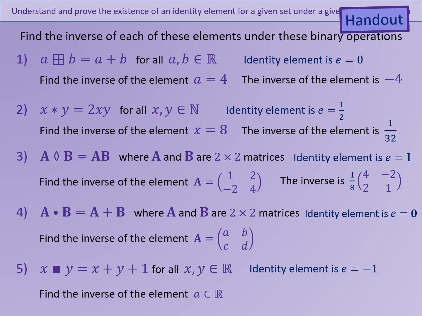So the inverse of A, B, C, D would be minus A, minus B, minus C, minus D, because those two add together to give the 0 matrix. And finally, for number 5, the identity element is minus 1. So in order to get the inverse of A, we would need minus 2 minus A for the particular given value of A.